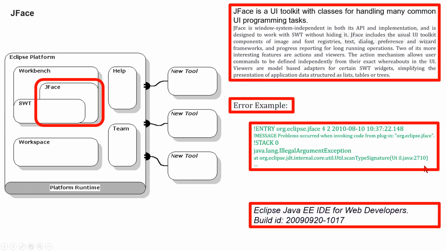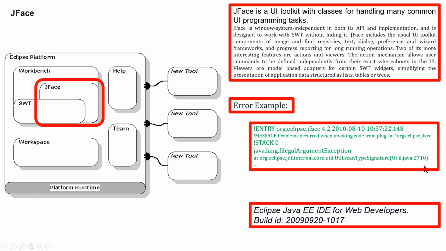As an error example, we can consider this entry: org.eclipse.jface, 4/2010, 10:37:22.148. Message: problems occurred when invoking code from plugin org.eclipse.jface.